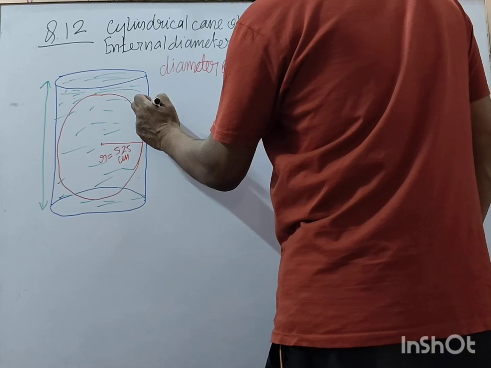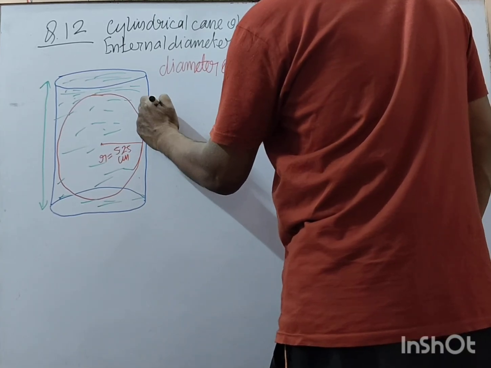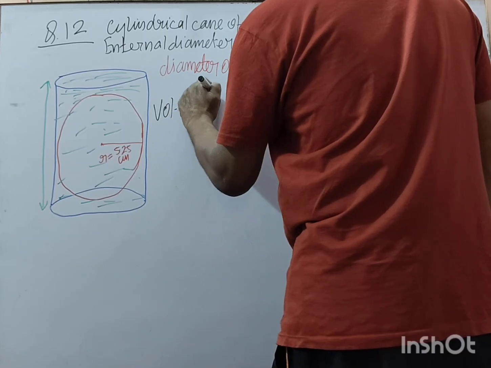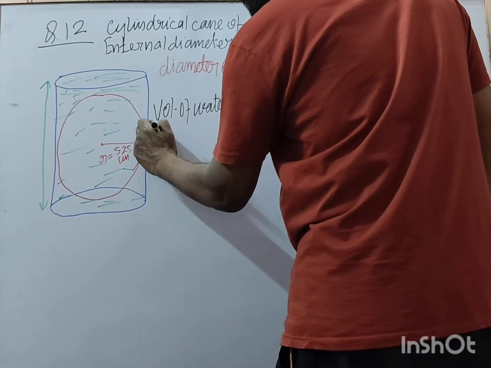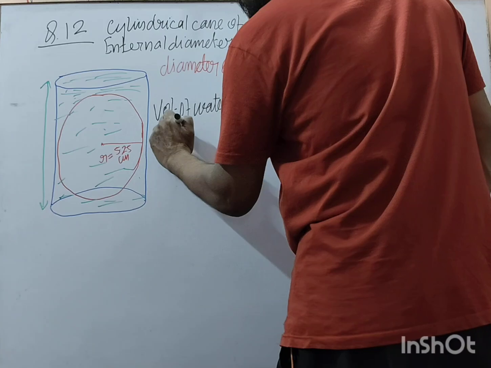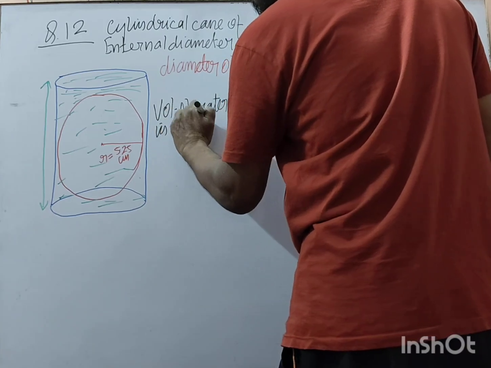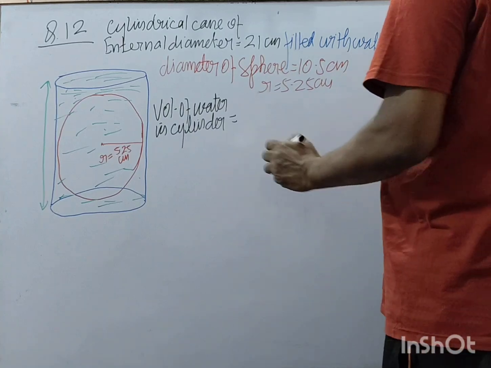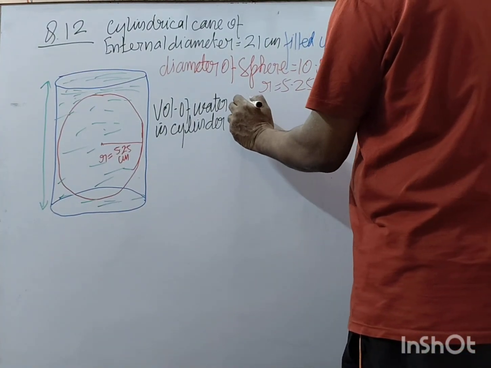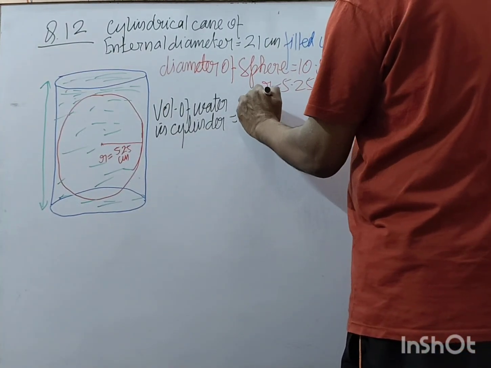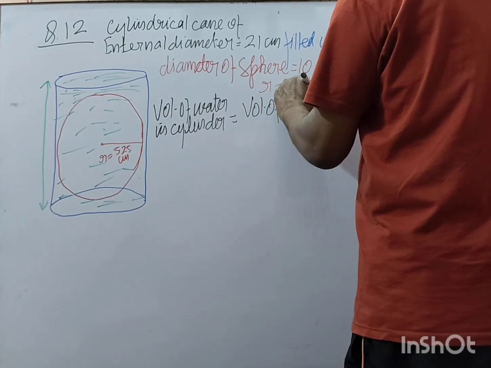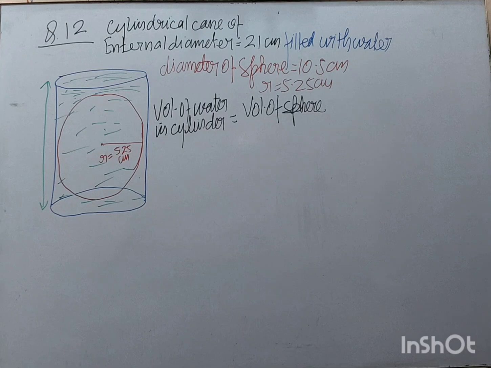So volume of water in cylinder is equal to volume of sphere.